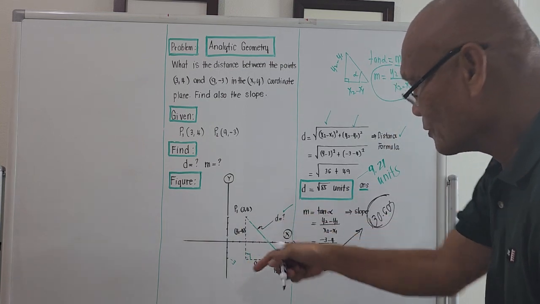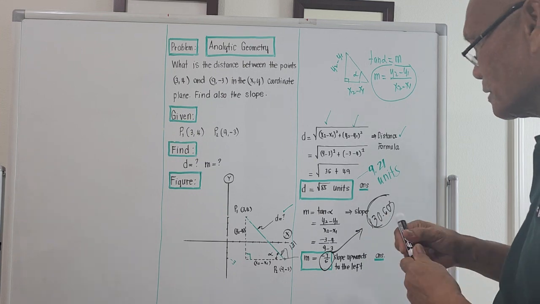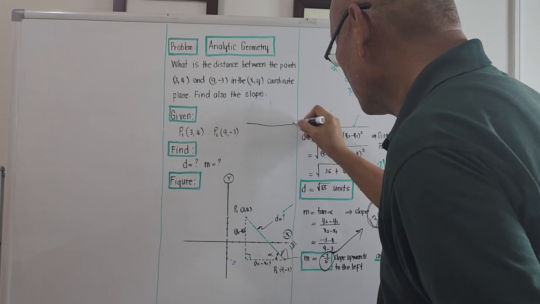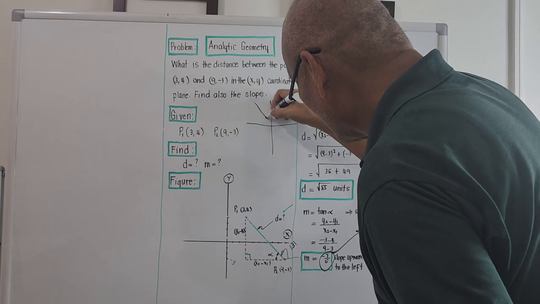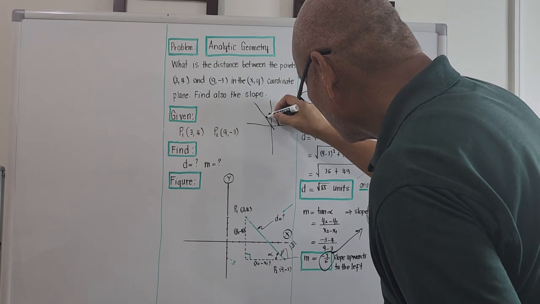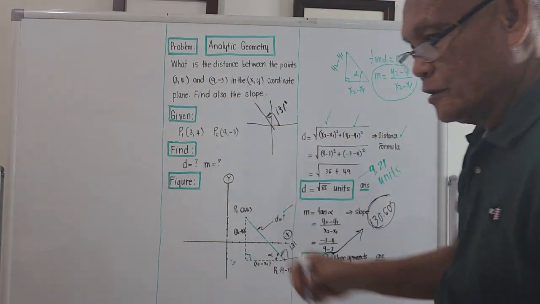Okay. 131 is greater than 90 degrees. Like what I said, it falls under the second quadrant. Right? It will be something like this. If we transfer this one to the origin, this is 131 degrees. Slope upwards to the left.